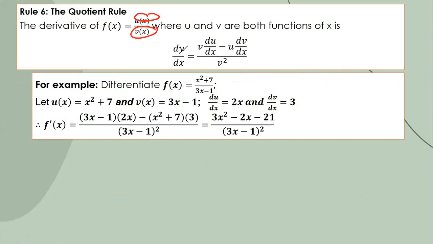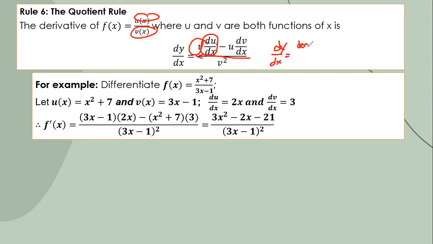So, the derivative of this form is equal to, so yung nasa baba ay designated as v. So, yung denominator, which is v, multiply mo sa derivative ng numerator. So, dy over dx, ano natin sa word?